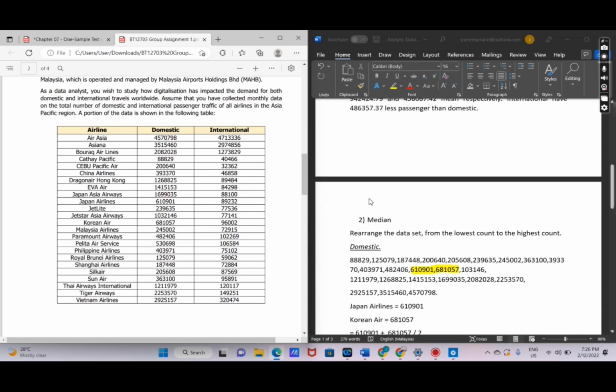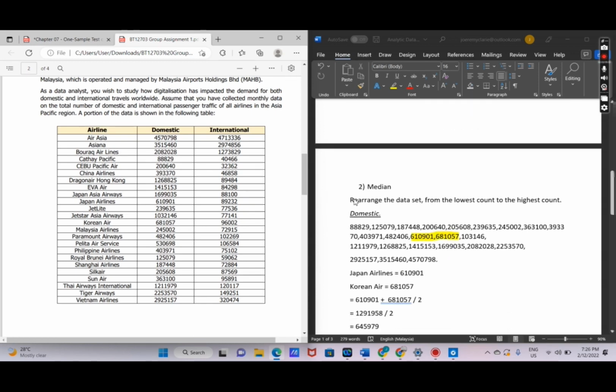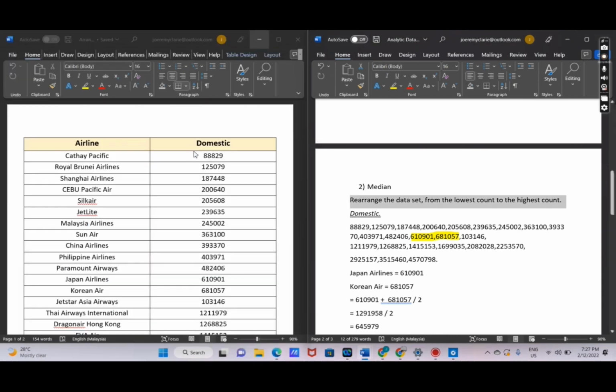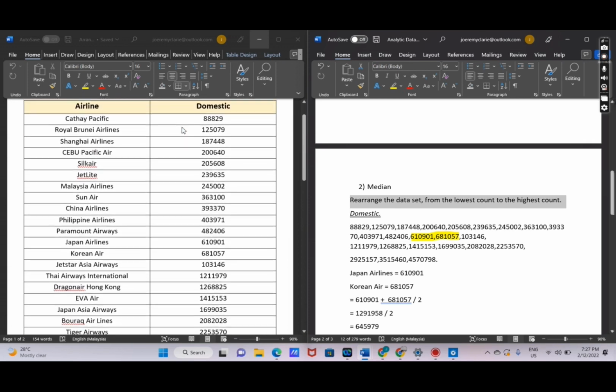The second one is the median. As I have written here, rearrange the dataset from lowest count to the highest count. So this is the arranged dataset.